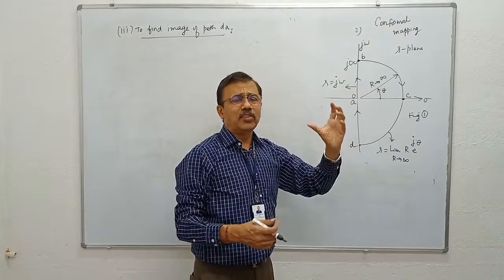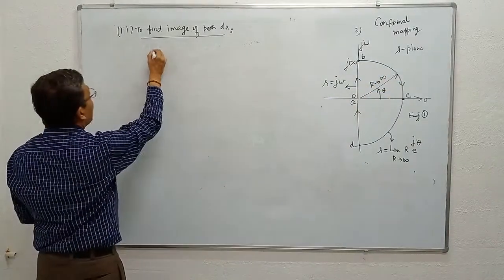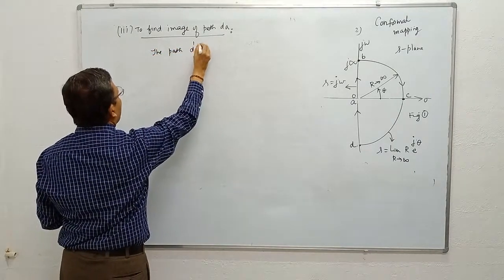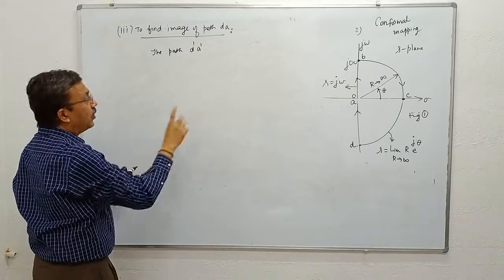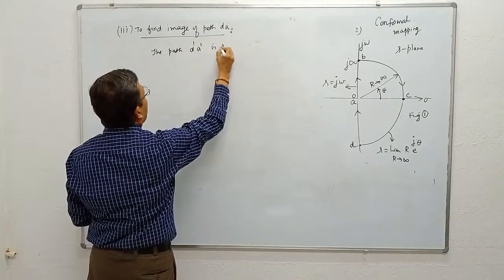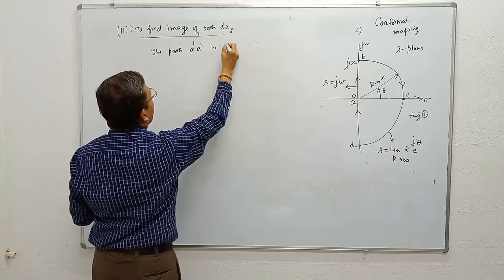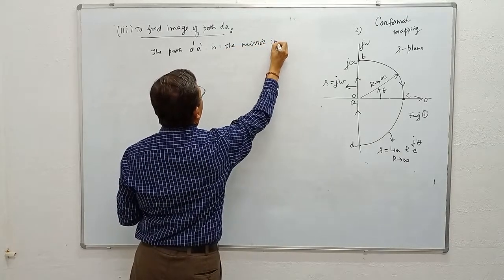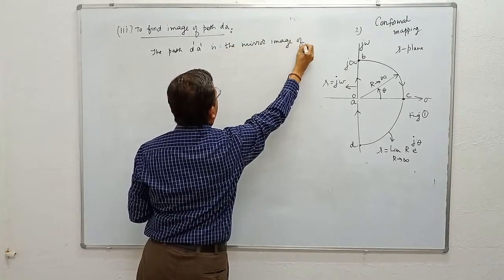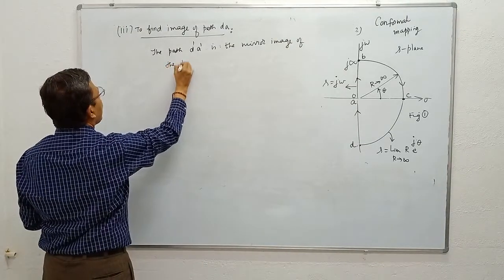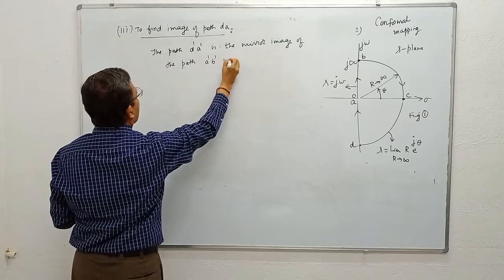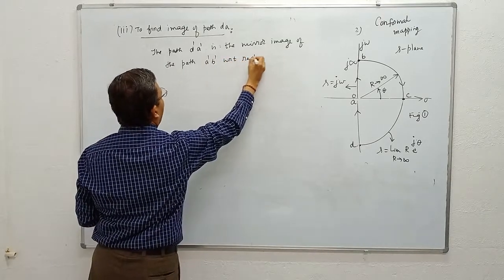This is a very common statement. So I am going to write the path D dash A dash. D dash A dash is the image of DA, is the mirror image of the path A dash B dash with respect to real axis.